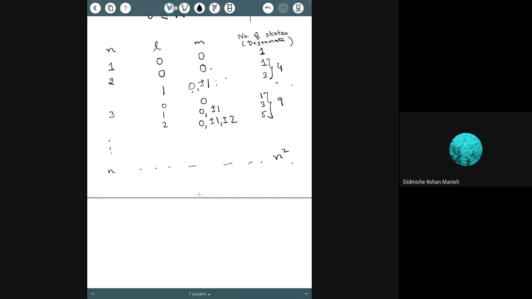I mean, there was no need for that to happen. But it does. So this is called an accidental degeneracy in the hydrogen atom.